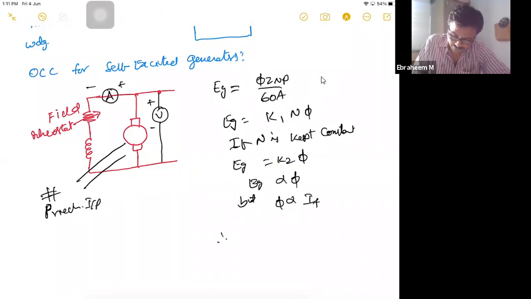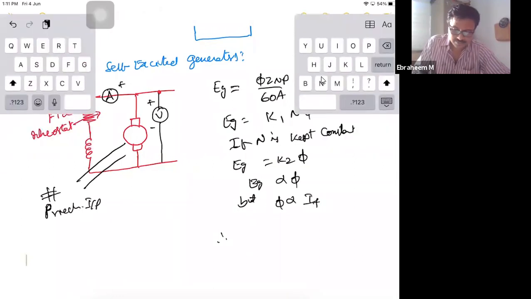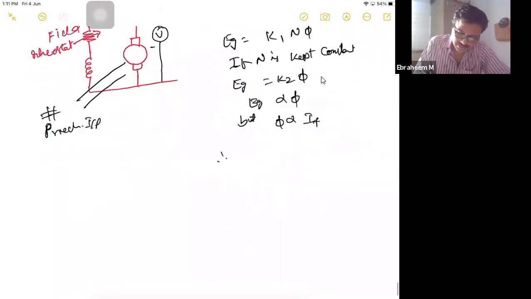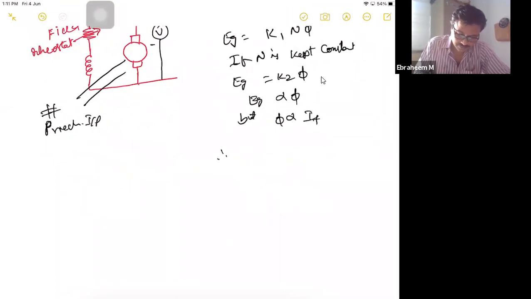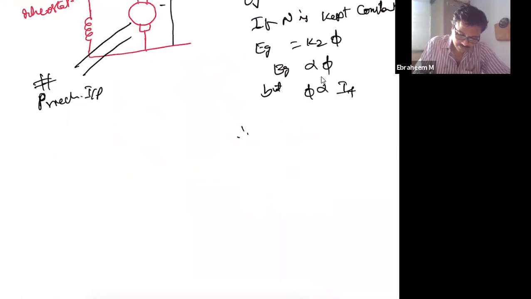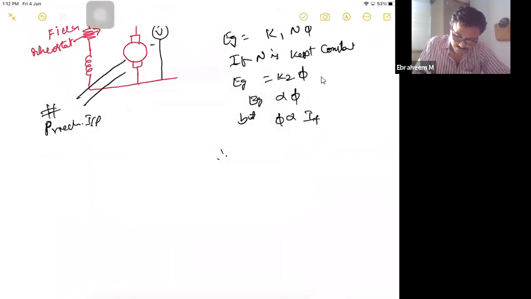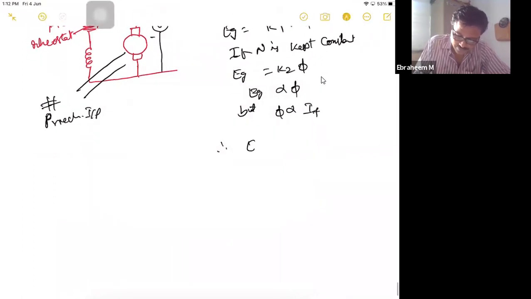Therefore, the magnetic saturation characteristics, the OCC, can be drawn between Eg versus If.